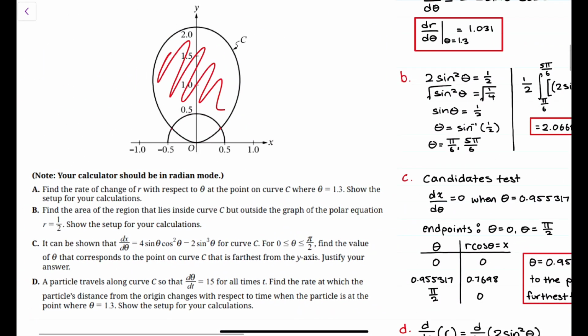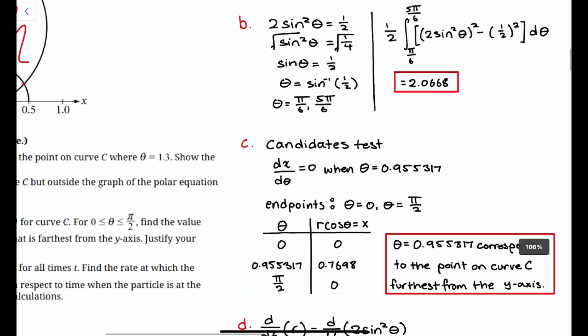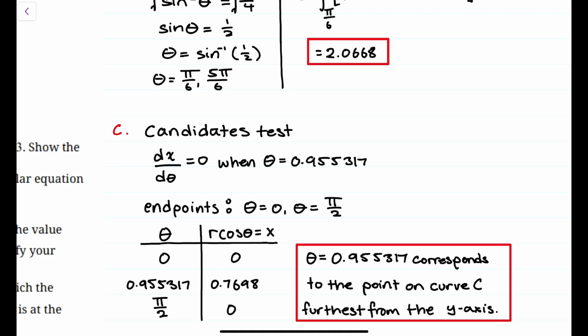For part C, it gives us that dx by d theta is 4 sine theta cos squared theta minus 2 sine cubed theta. And then it asks us what is the farthest point from the y-axis. So we have to find that theta value. It's asking us to find this point that's the farthest from the y-axis. So it's the same thing as candidates test. So we have to set dx by d theta equal to 0, and we can see that theta is equal to 0.955317, and then we're also given the endpoints 0 and pi over 2.